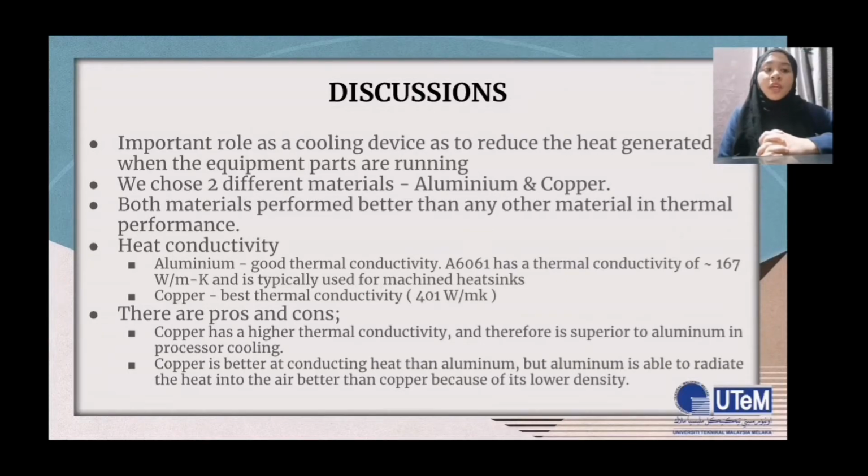There are pros and cons for both materials. Copper has a higher thermal conductivity and is therefore superior to aluminum in processor cooling. Copper is better at conducting heat than aluminum, but aluminum is able to radiate heat into the air better than copper because of its lower density.